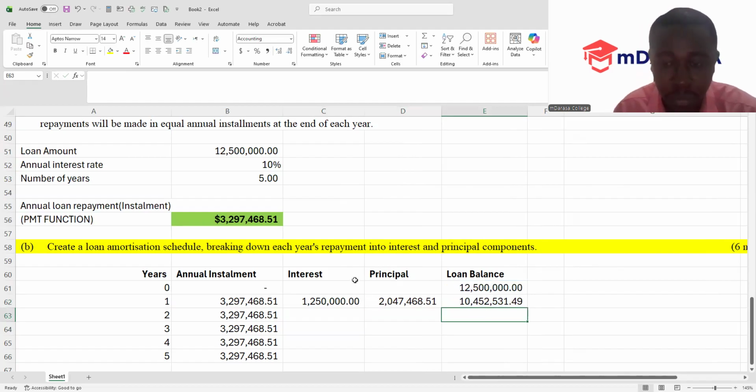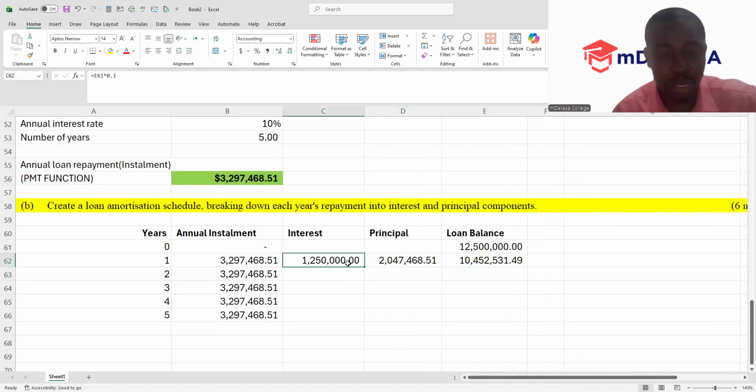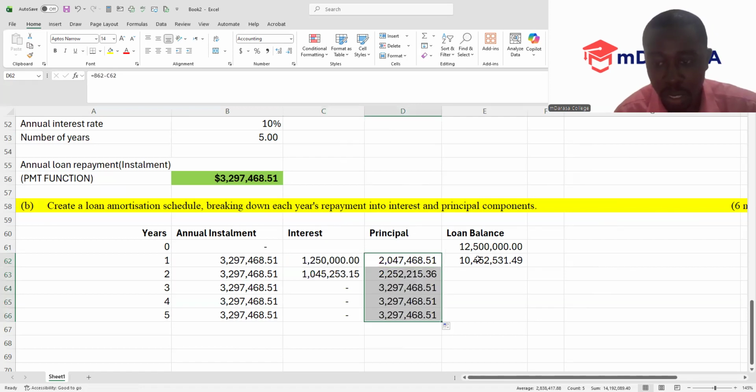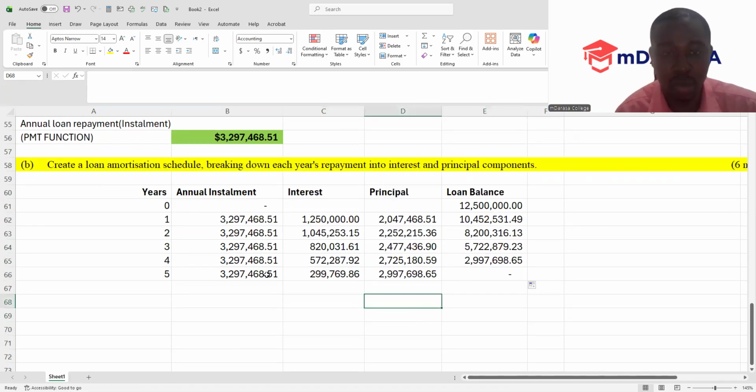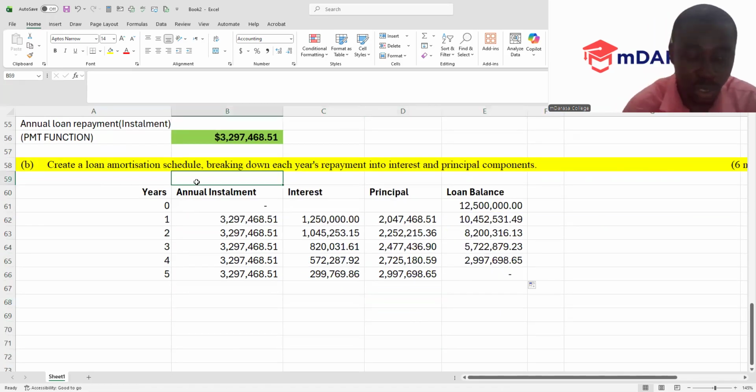See? So once we have that, the easiest way that I guided you earlier is auto-filling, yeah? Under interest, that thick cross appearing, double click. We come here, we double click. We come here, we double click. And voila, that is our loan amortization schedule.